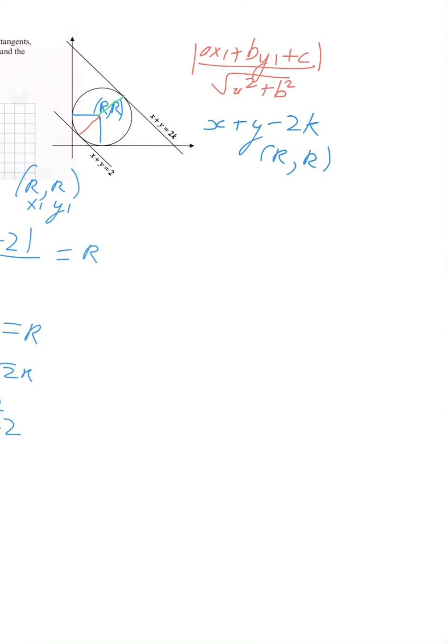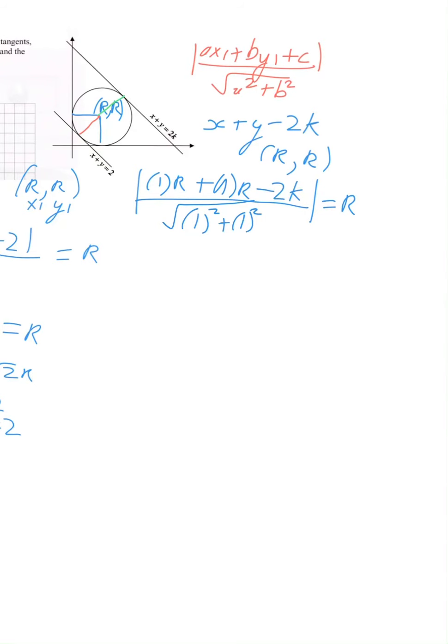So let's put in our values. ax1 will be 1 times r, by1 again will be 1 times r, now minus 2k, all over the square root of 1 squared plus 1 squared. Now again equal to our radius.